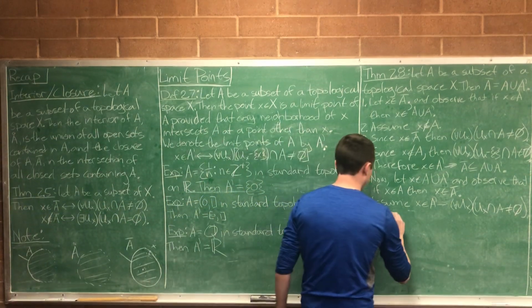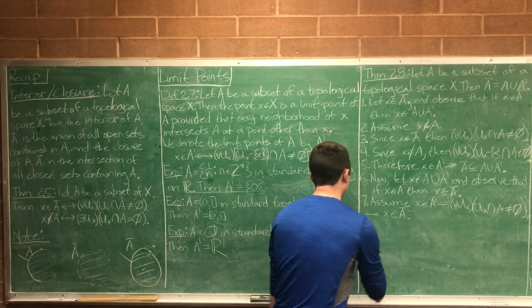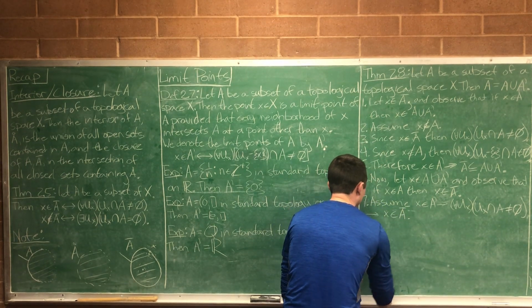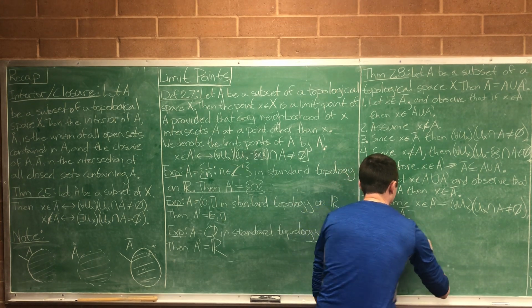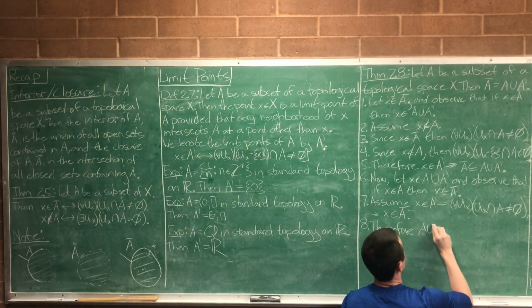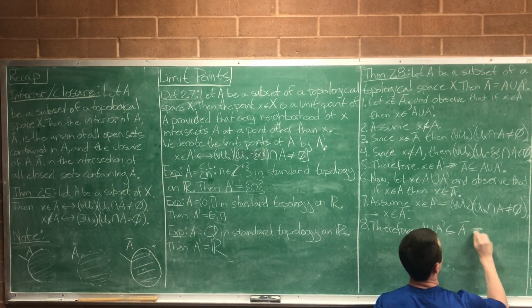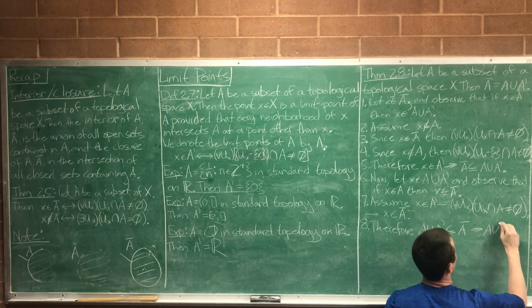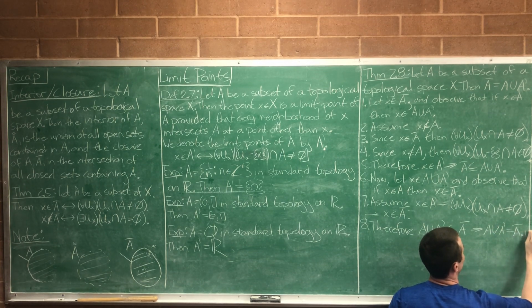So that gives me x is in the closure. Therefore, A union A prime is a subset of the closure, which gives me that A union A prime is equal to the closure. And we're done.